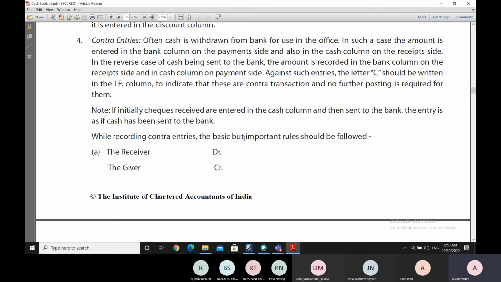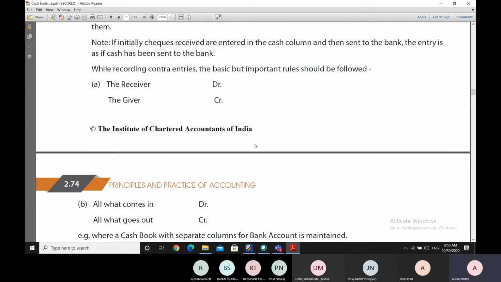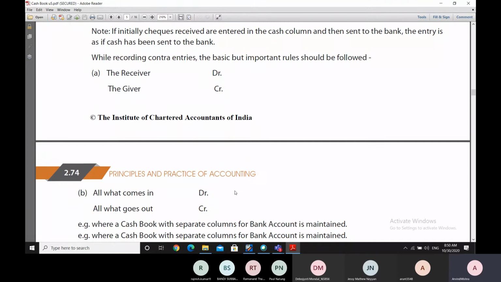So while recording the contra entries, we have to understand and follow the basic and important rules: debit the receiver, and credit the giver. And the second rule: debit what comes in and credit what goes out.